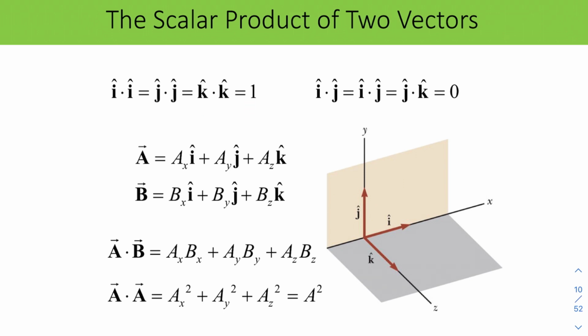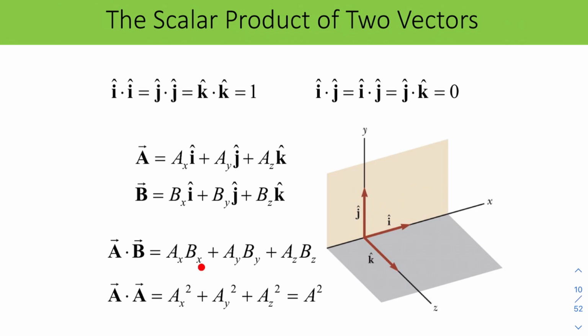So if you have vector A, as we know, it has components in terms of the I component, J component and K component. The same goes for vector B. If we are doing A dot B, we have to multiply A and B in terms of X. Where is the I?